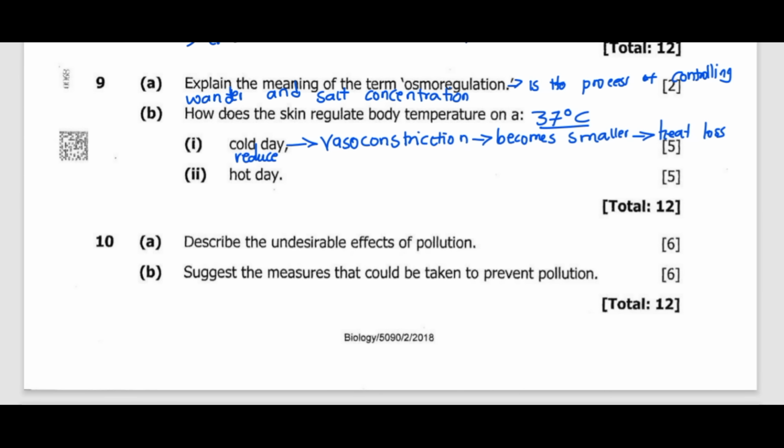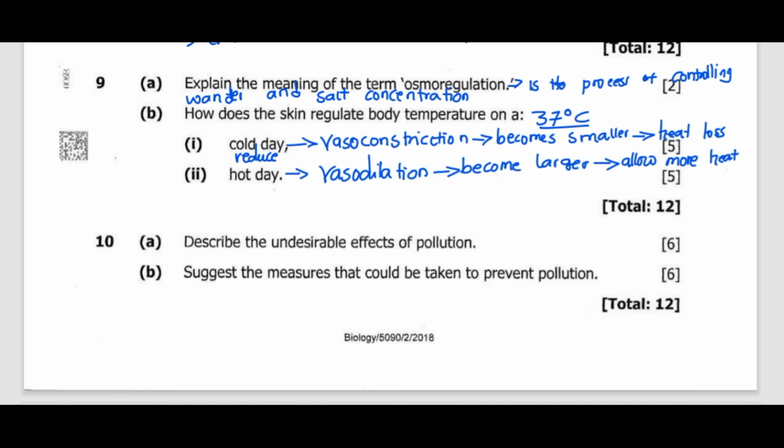Then for a hot day, the opposite is true. Here we are going to have vasodilation. Vasodilation is where the blood vessel becomes larger in size. Why? Here it is just to allow more heat loss.